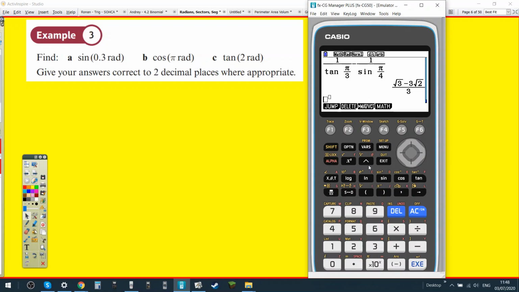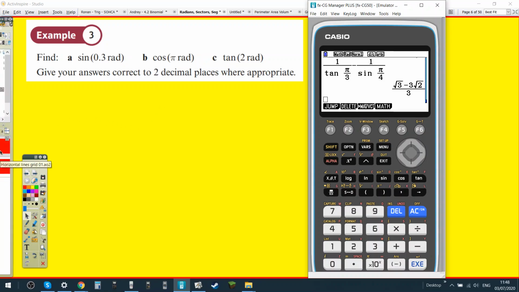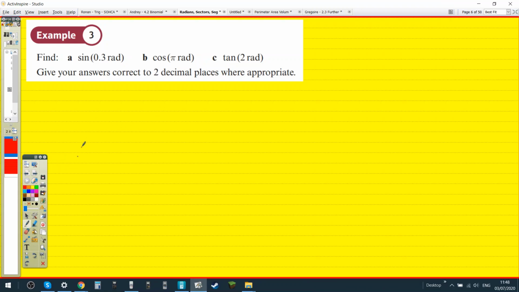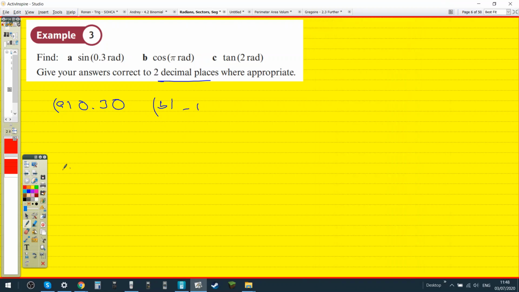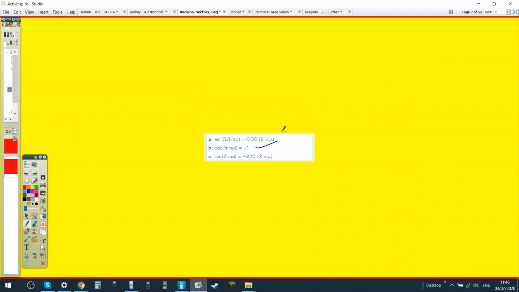It's like a unit. I got a long decimal number. So I think the answer is 0.30. I think B won't give you a decimal. Try that. Oh yeah, I got -1. Then C is just a 10 thing. Yeah, there we go. 0.30 and -1. So you can see there was no converting involved.